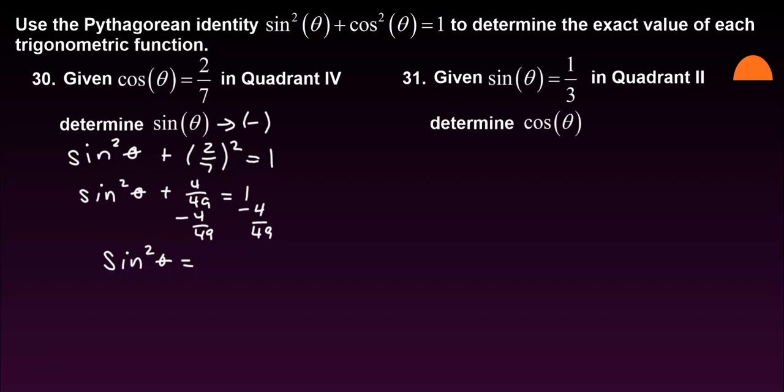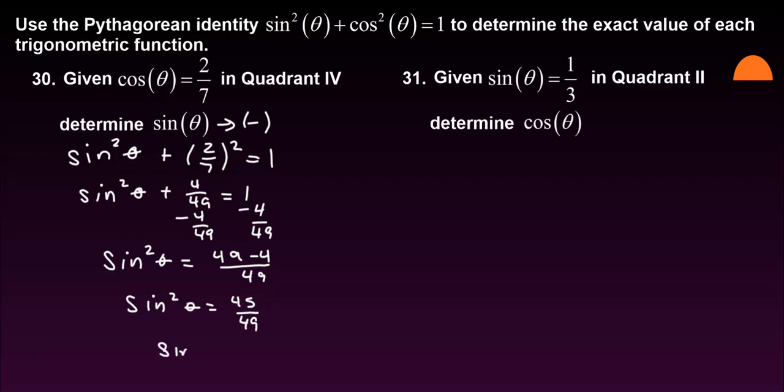But since it's a 1, we can take 49 over 49 minus 4 over 49. So we have sine squared theta equals 45 over 49.